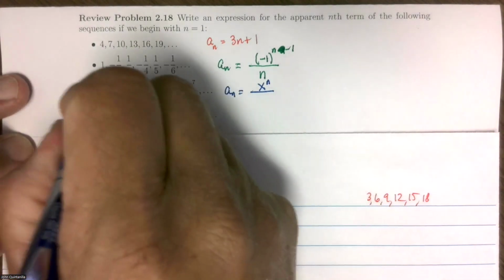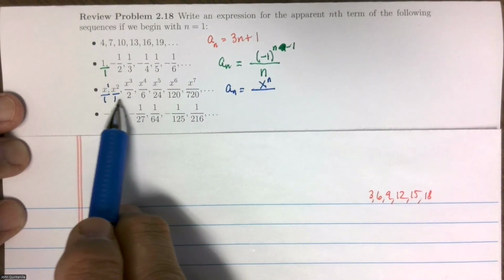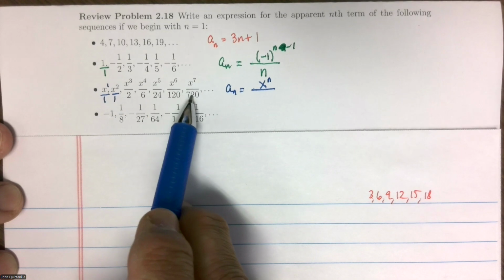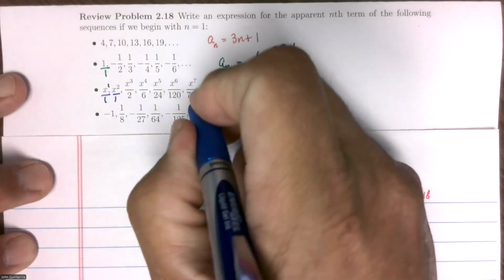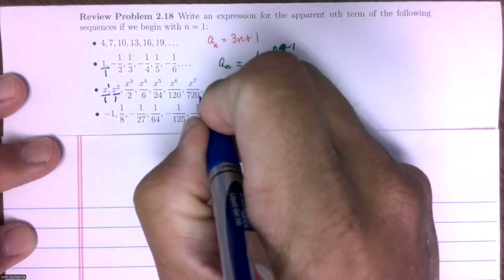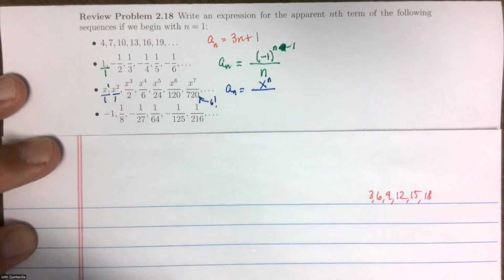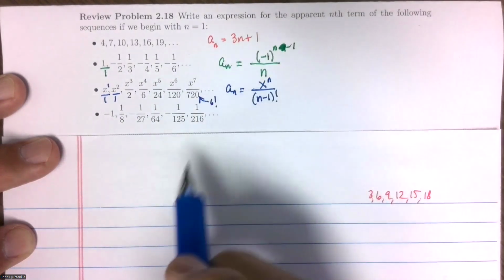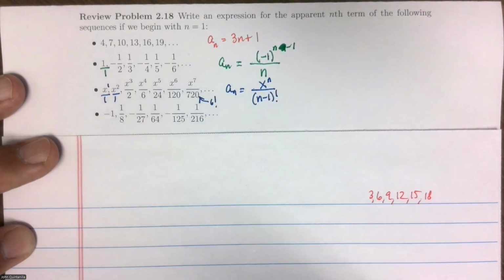Now in the denominator, again, let me put over 1 over 1, and I notice I have the factorial pattern. 0 factorial, 1 factorial, 2 factorial, 3 factorial, 4 factorial, 5 factorial, 6 factorial. Now I notice that for the last one, this one is 6 factorial, and the 6 here is 1 less than the exponent. And so that suggests that I should make this n minus 1 factorial. So the number in the factorial here is 1 less than what's in the exponent up here.